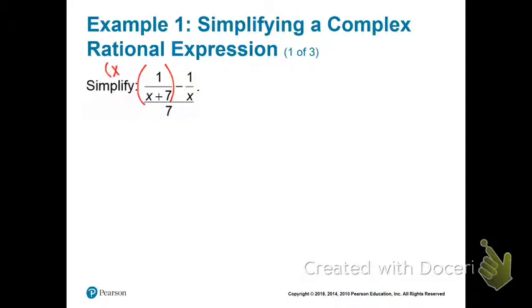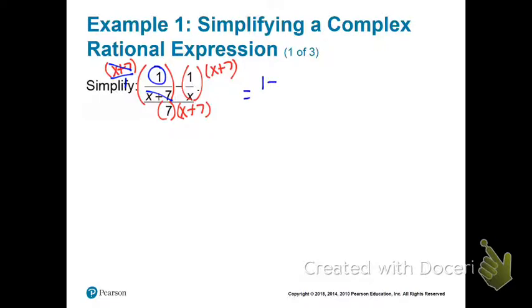So to get rid of it, we're going to multiply. And so we're actually going to multiply every single term that this fraction has. All right, so when we do this, these that we did are like on top, so they're over 1. So I have an x plus 7 on top and bottom, so they cancel. So I'm just left with that 1 right there.